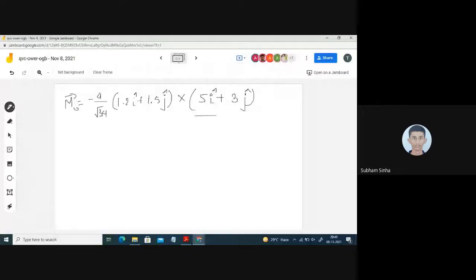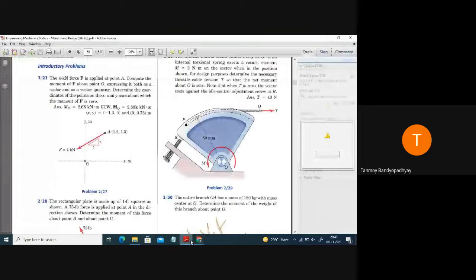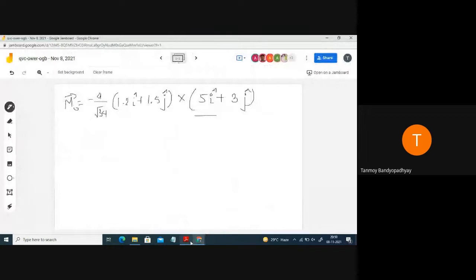So 2.68 k cap. Is the answer given? So it is given, minus actually, 6.58. I don't know how many of you are doing this one and telling it. So just do it. Those who are at least trying it at your end, do it and let me know once you have completed that one.